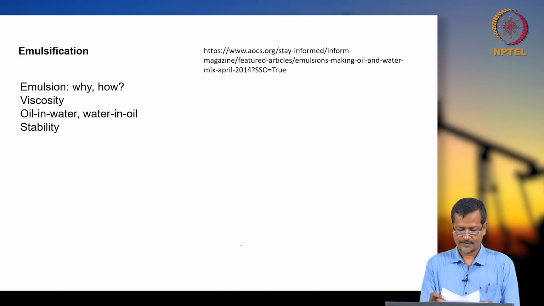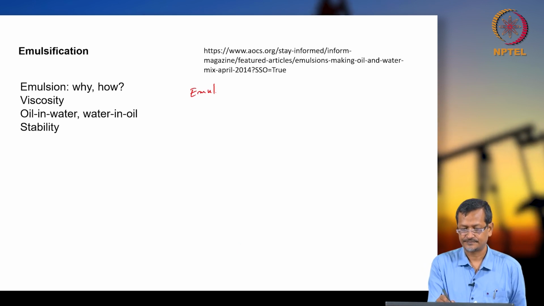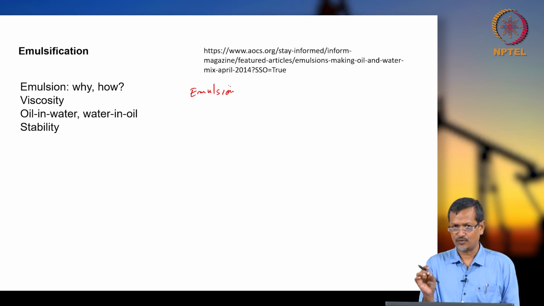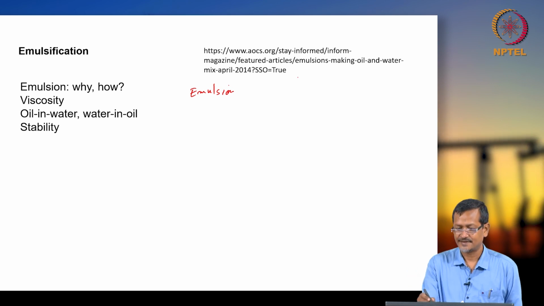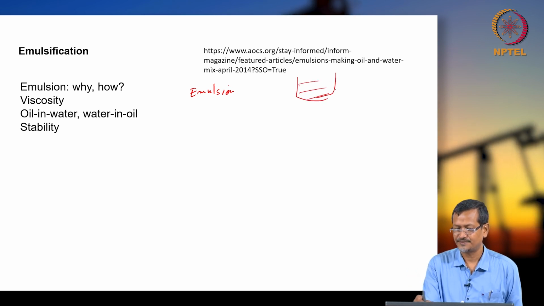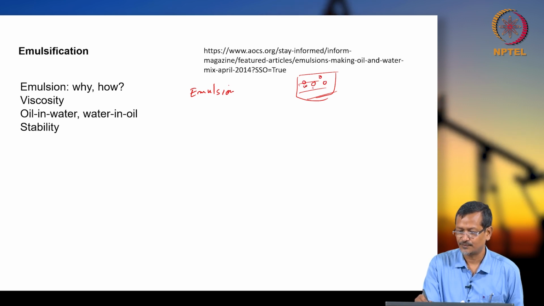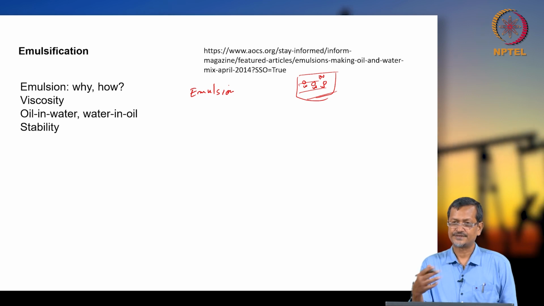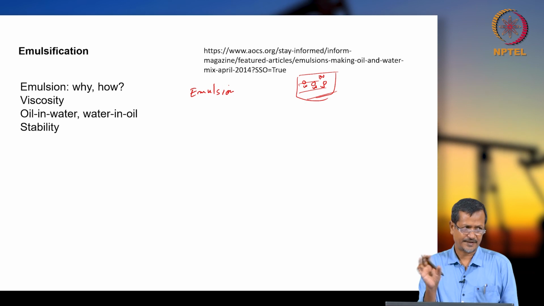Okay, emulsion. Why is the emulsion term coming? Emulsion will not allow particles to join and make a bigger particle. Let's say you have an oil and water mixture, and water particles are like this. If it is creating an emulsion, then water particles will not make a bigger particle whatever method you apply.